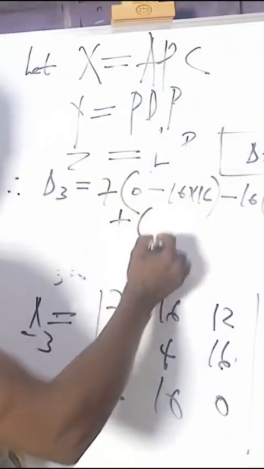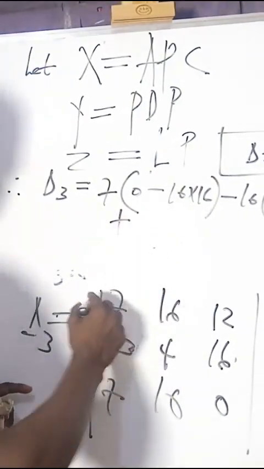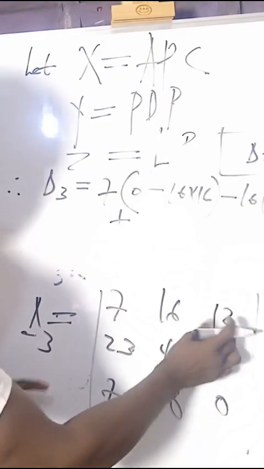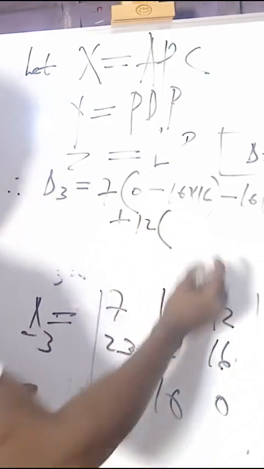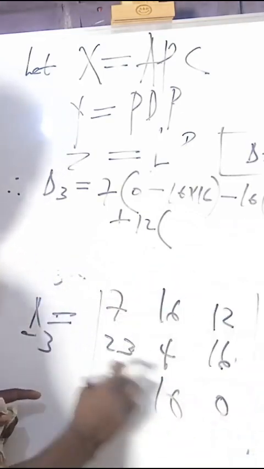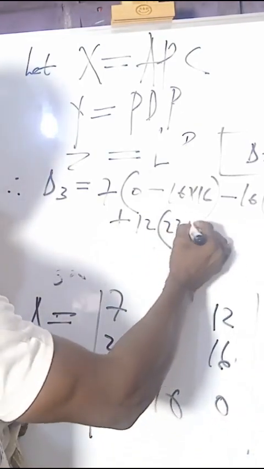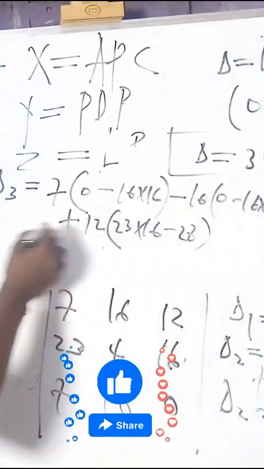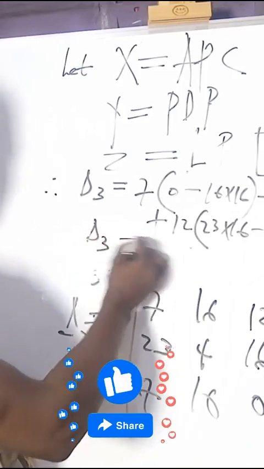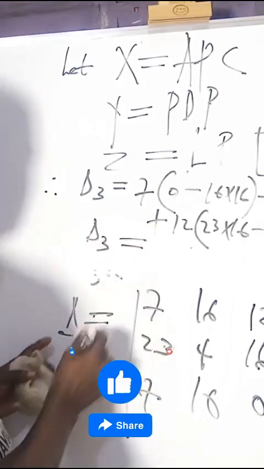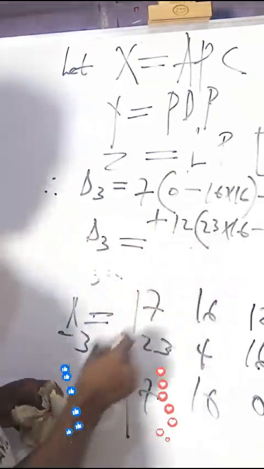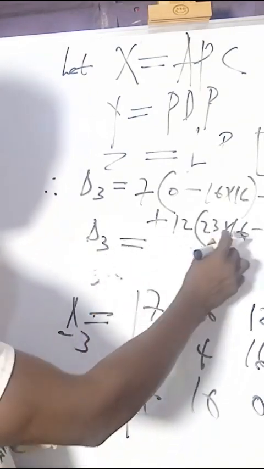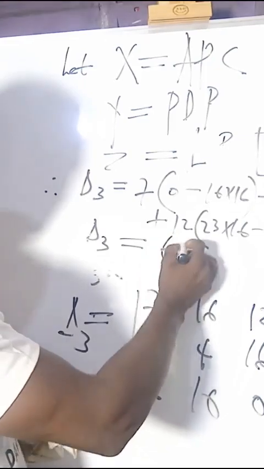Then plus first row third column, and that is going to be 12 into bracket 23 times 16 minus 4 times 7, which is 28. So by the time you simplify this, you are going to be obtaining delta 3, which is standing for z, to give us 640.